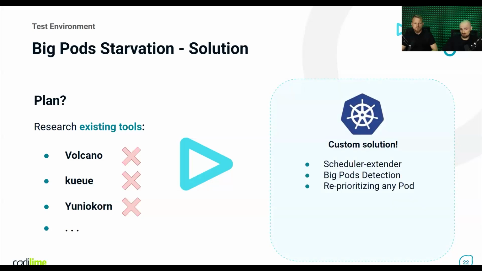We use Scheduler Extender as a base. It's a powerful mechanism for customizing pod scheduling without modifying the core scheduler code. We introduced a mechanism to detect what we call big pods, and we also added functionality to reprioritize pods waiting in the queue.